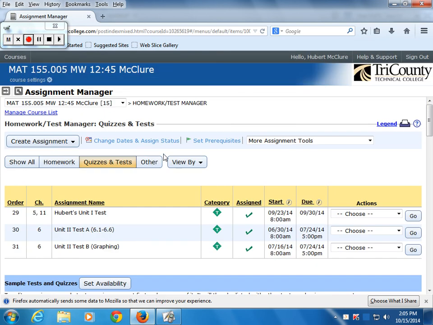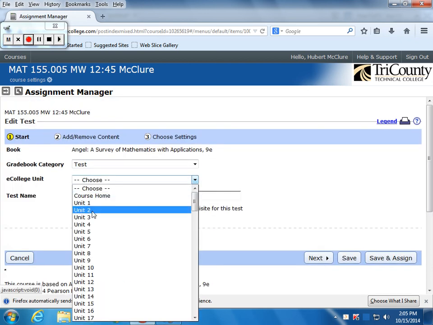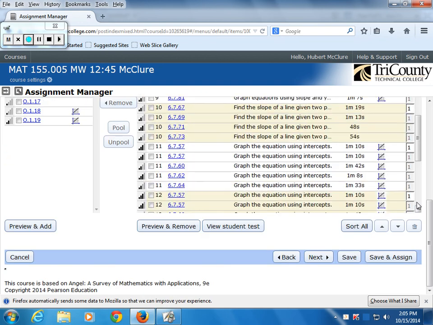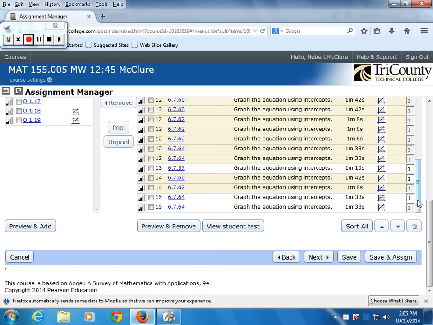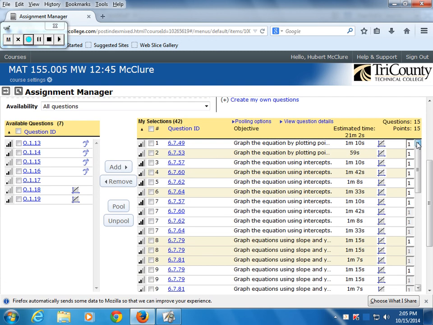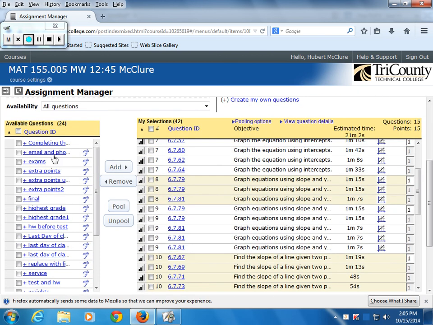And let's go ahead and fix the due date for both of them. Well, I've got to check this one right quick too. Let me check it. Make sure there are harder questions on there for you. Let's see, this is unit 2. Next. Make sure the easy questions are on there. I don't see them. Oh my, they're not on there. Guess we're going to have to fix that. How many questions? 15? Alright, I can't remember which one's which.